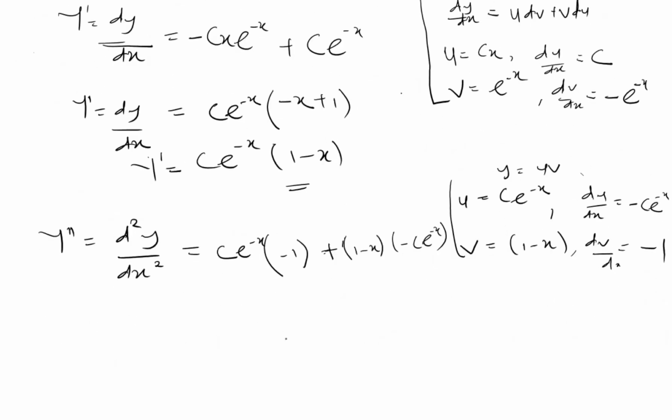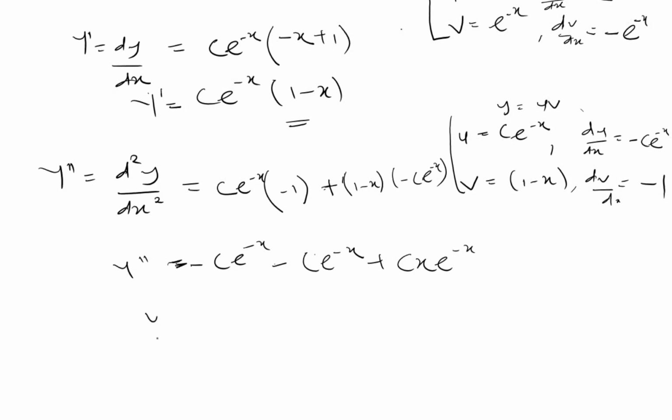So here I will say y prime prime is equal to minus c exponential of minus x plus, into 1 times minus c exponential of minus x, then minus x times minus c exponential of minus x, that's plus cx exponential of minus x.